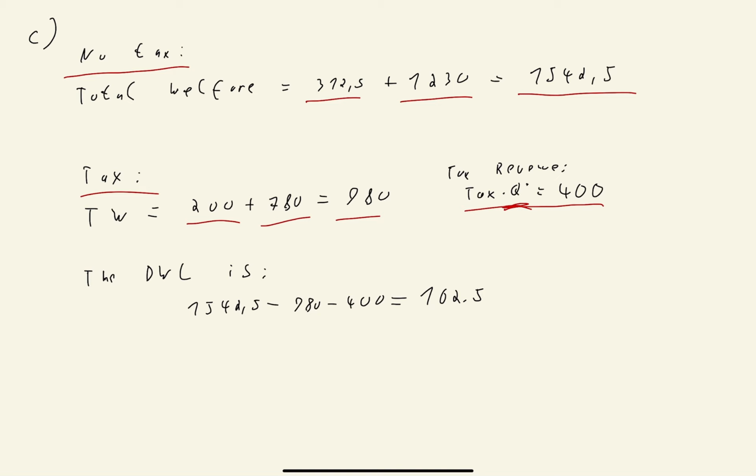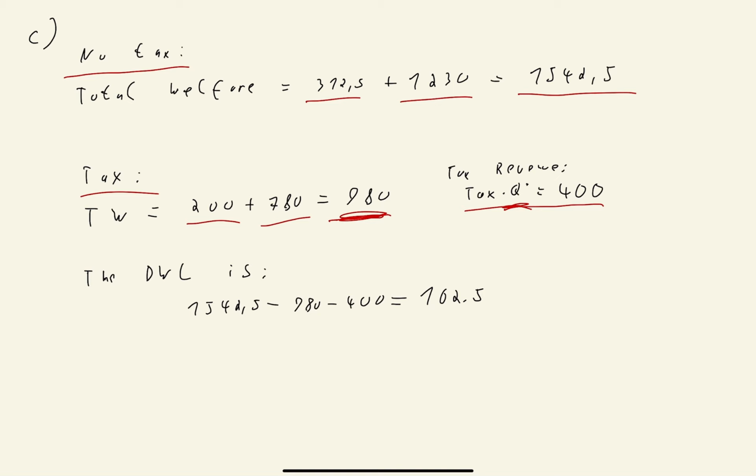So it's 20 times 20. Therefore, the tax revenue is 400. If you add this to what we calculated here, you actually get the real total welfare, because depending on how the government is redistributing or investing the tax revenue, this gets back into the real economy.